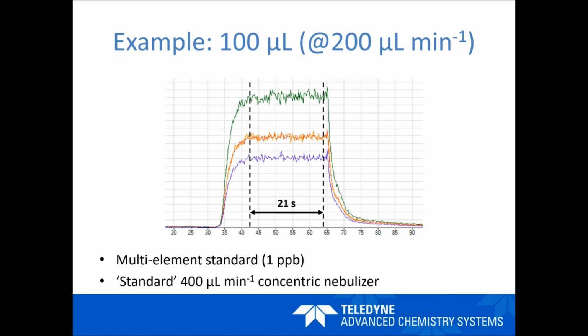So from that, I've got an example for you. This is a very, very simple example, really. This is something that will appeal to most people in an ICP-MS lab. This is just a multi-element standard, a 1 ppb multi-element standard used for tuning, for example. And this has been introduced via the MVX through a typical 400 microliter a minute concentric nebulizer.